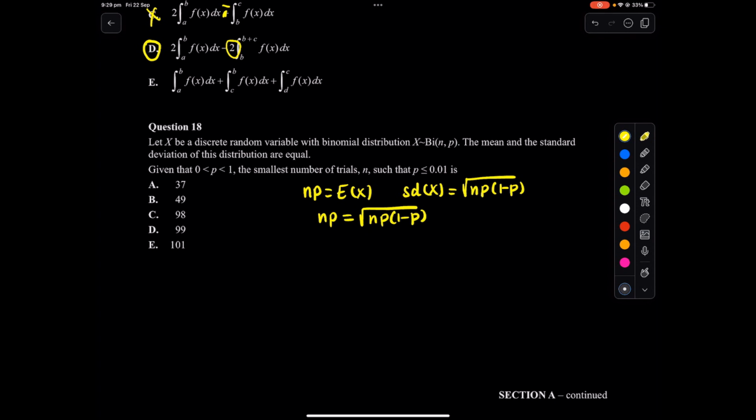If we square both sides, we get n squared p squared equals np(1 minus p). We can cancel np, so np is equal to 1 minus p.